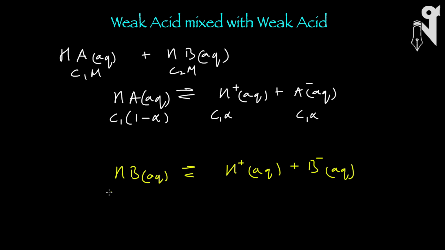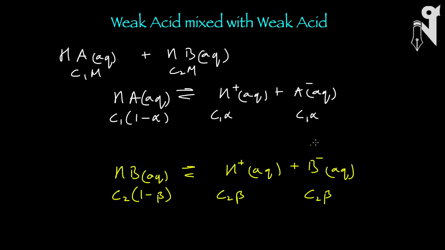Similarly, HB at equilibrium, with degree of dissociation beta, would be C2 times 1 minus beta, and this would contribute C2 beta amount of hydronium ion and C2 beta amount of B minus. So these are the contributions.